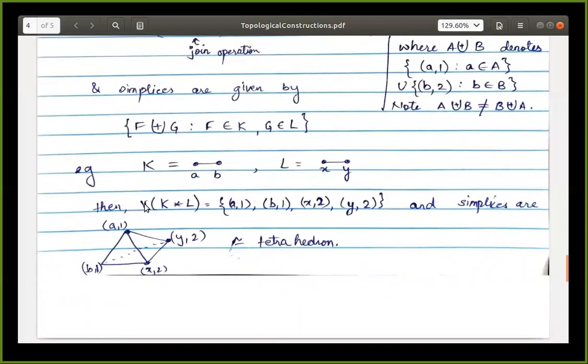Clearly the vertex set of K star L is going to be (A,1), (B,1), (X,2), (Y,2), because I have written K first and L later.